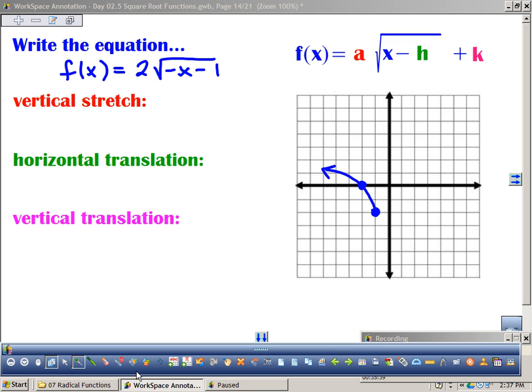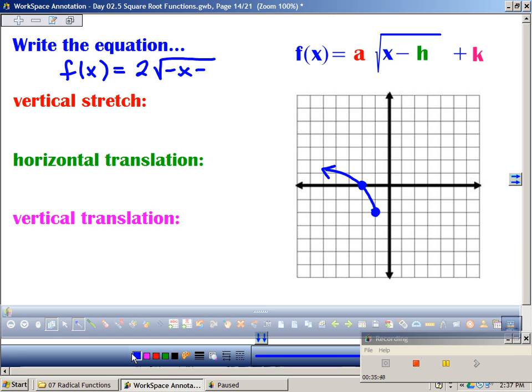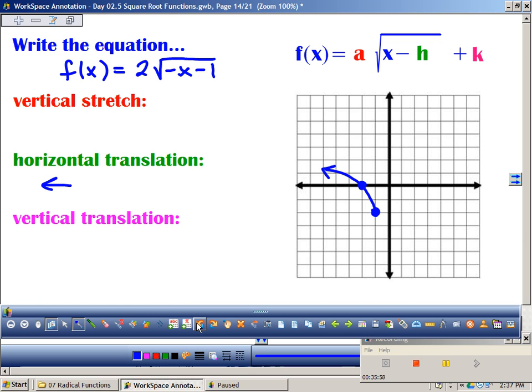Your horizontal translation is over 2, right? No, it's not 2. It is 1. Look how far we went over. We went over 1. So we went to the left 1. When I go to the left 1, that means x plus 1. Right?